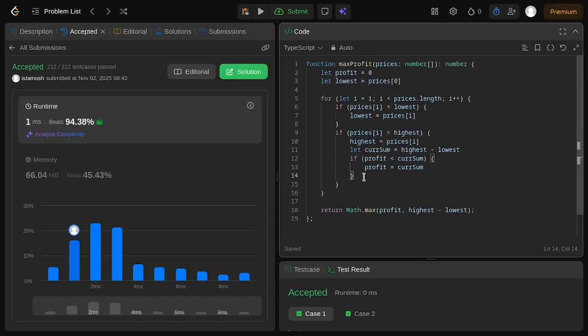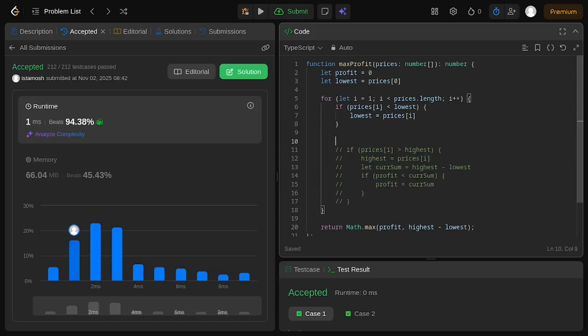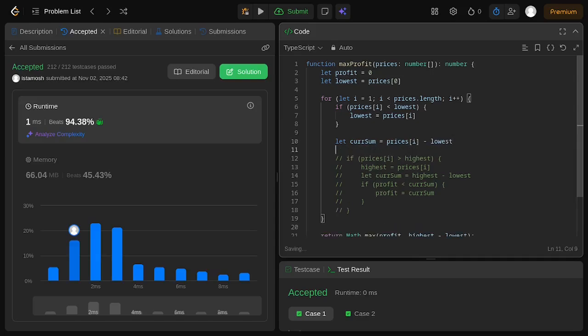And then instead of using the if check on the current highest, since the highest is already erased from our code, we have to use a let of the current profit or the current sum, comparing the price of the current index with the current lowest, the lowest that we already tracked before, and then check if the current sum is higher than the current profit.